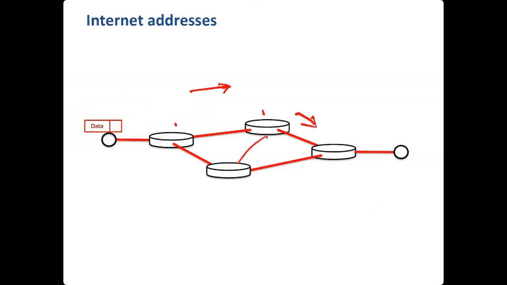Suppose there is one extra link here, like this is the network, then this router, based on the destination IP address, will take a decision whether to send it on this link or the link here. That's called switching inside a router.